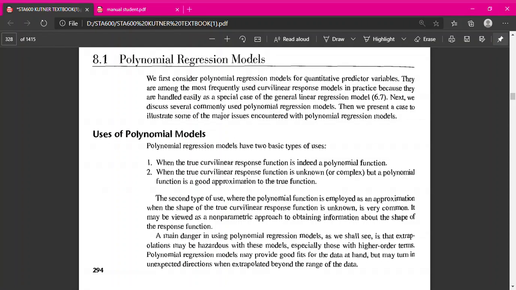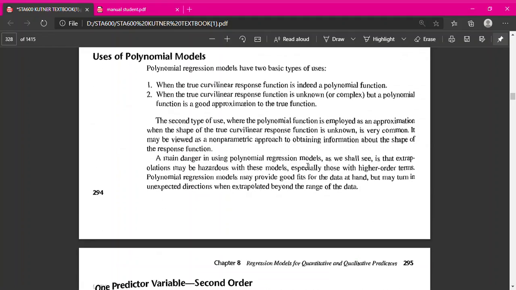So, kita akan tengok in this chapter why we use the polynomial models, ataupun in which situation we will use the polynomial model, instead of the linear regression model. Usually we will use the polynomial model when the assumption for the linear regression model is not fulfilled.